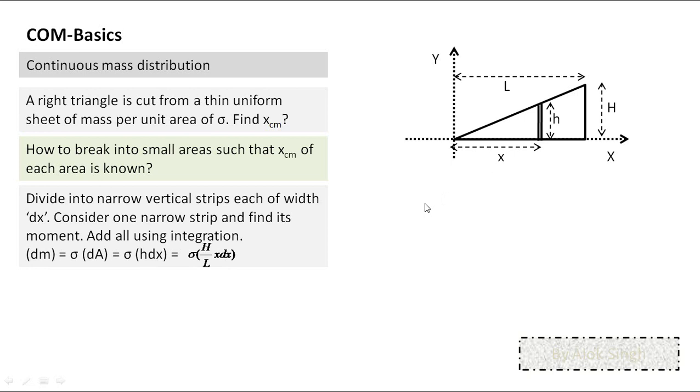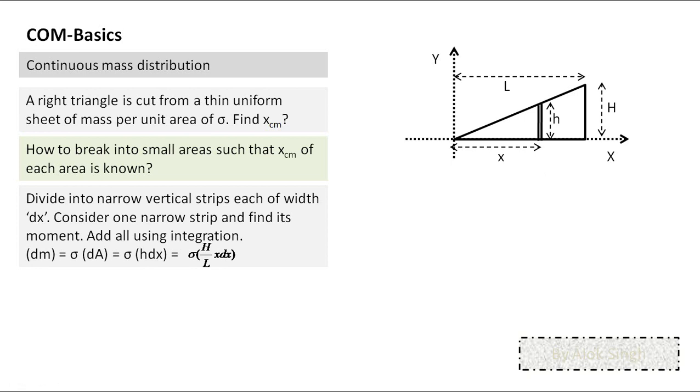So first we find the moment of mass of this narrow strip. We'll pick up one random narrow strip, and we add up the moments of all such narrow strips by the process of integration. Three steps. We divide the area into several small elemental areas such that we know the xcm of each elemental area.